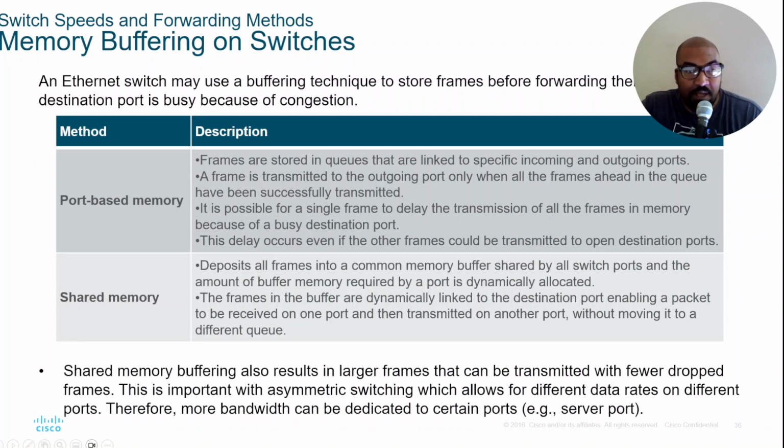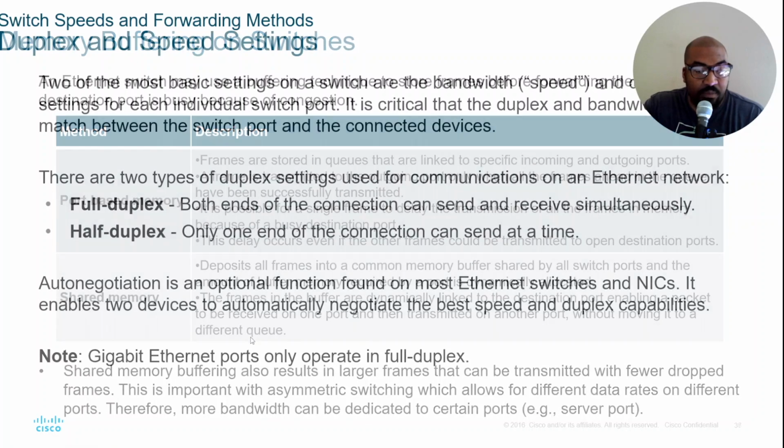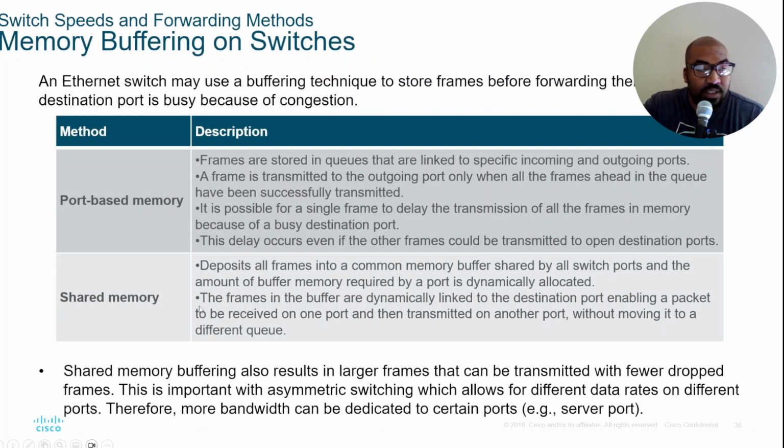An Ethernet switch may use buffering techniques to store frames before forwarding them, or when the destination port is busy because of congestion. So we have port-based memory and we have shared memory. Shared memory deposits all frames into a common memory buffer shared by all switch ports.